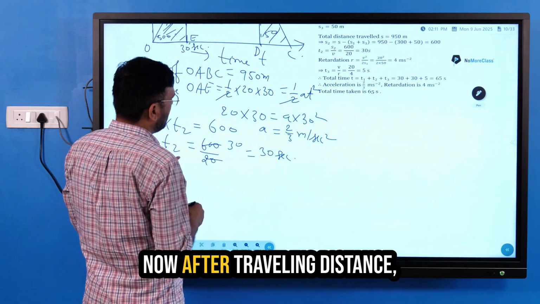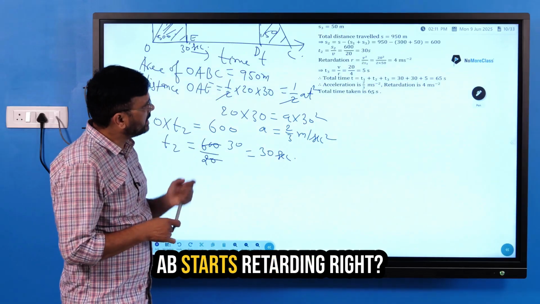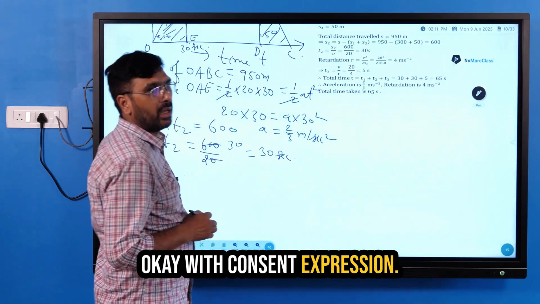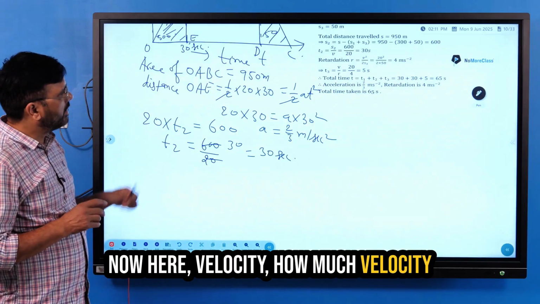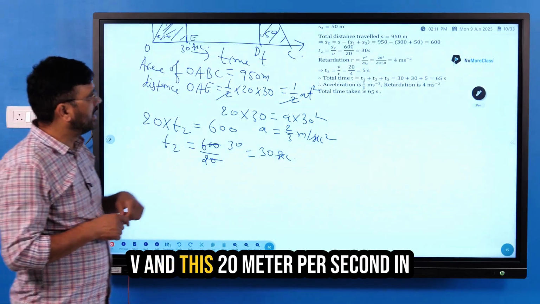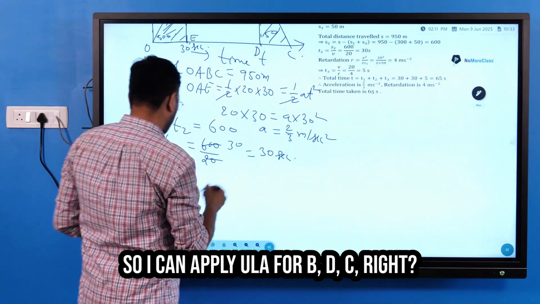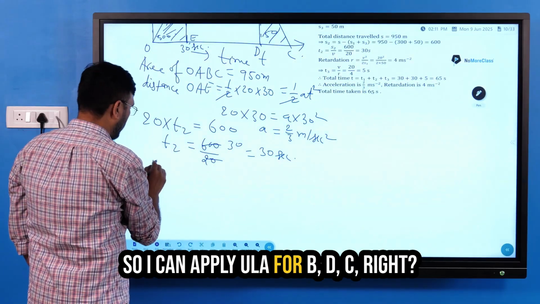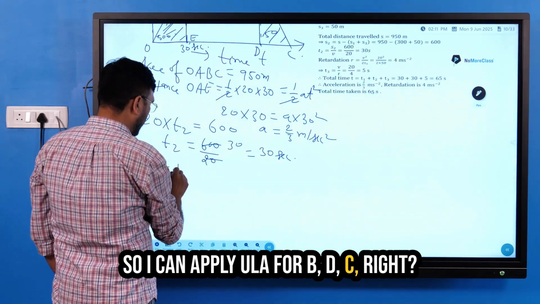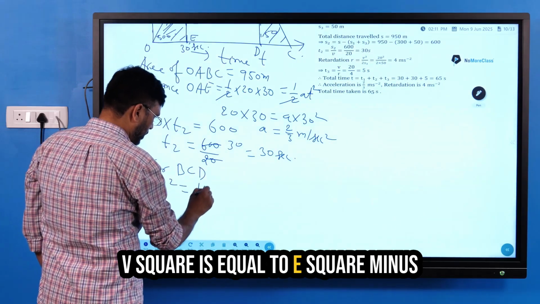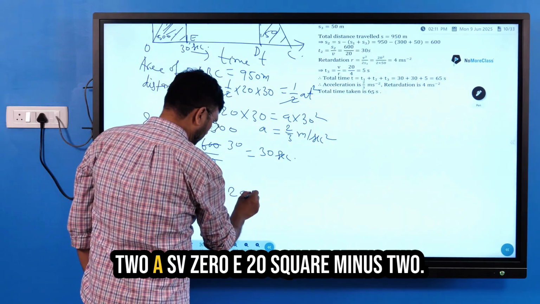Now, after traveling distance AB, it starts retarding with constant retardation. Here the final velocity is V equal to 0, the initial velocity is 20 meters per second, and this distance is 50 meters. So I can apply the formula for BC: V square is equal to U square minus 2AS.